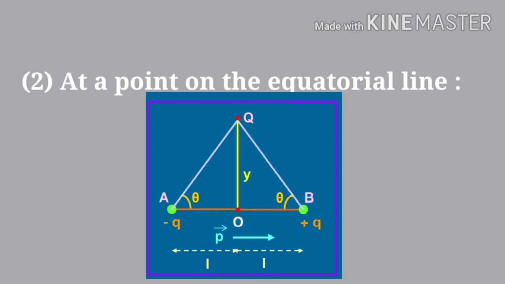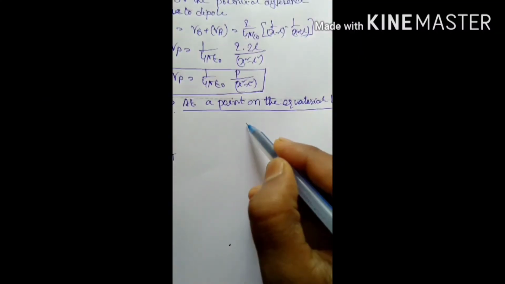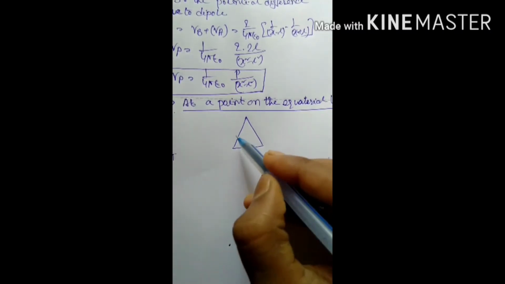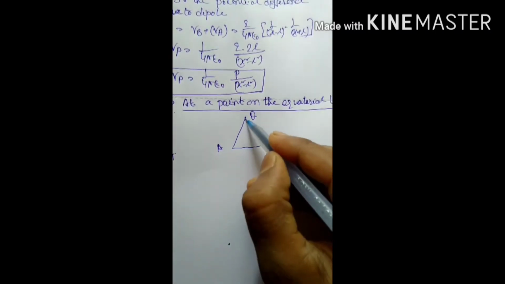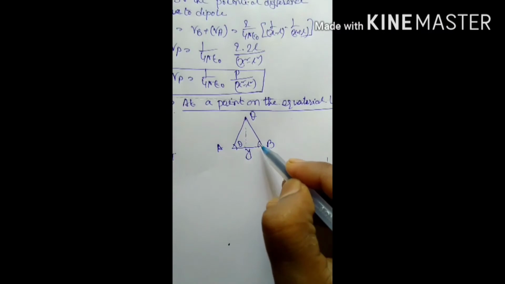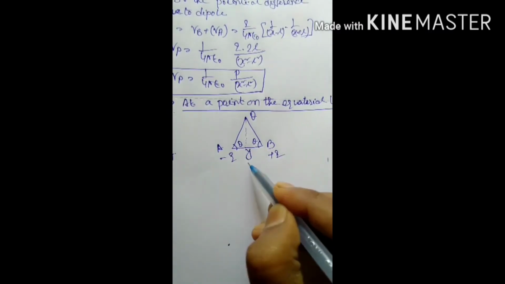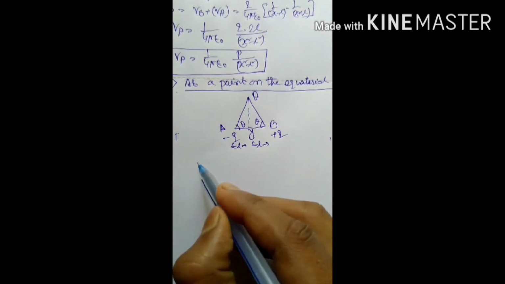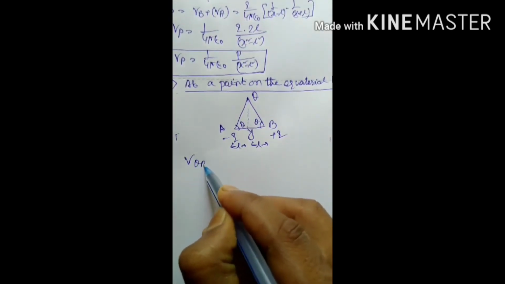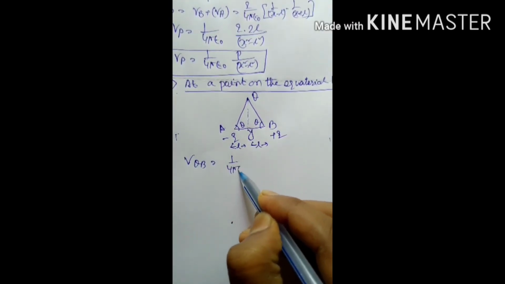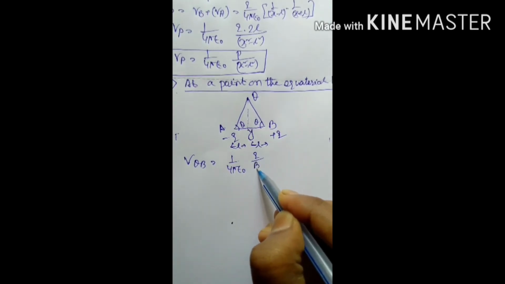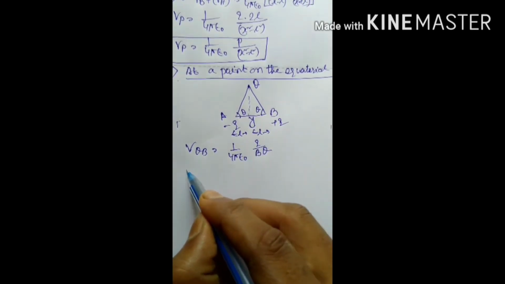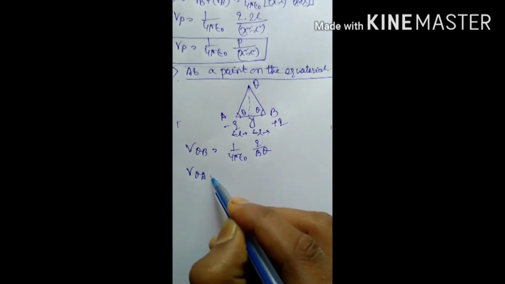Now we will consider the second case, at a point on the equatorial line. From the figure we can conclude that AB is an electric dipole, and we have to calculate the potential at point Q. So potential at point Q due to positive charge plus Q at B, VQB, is equal to 1 by 4 pi epsilon naught Q by BQ.